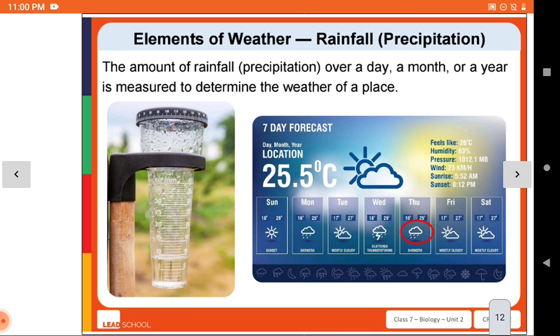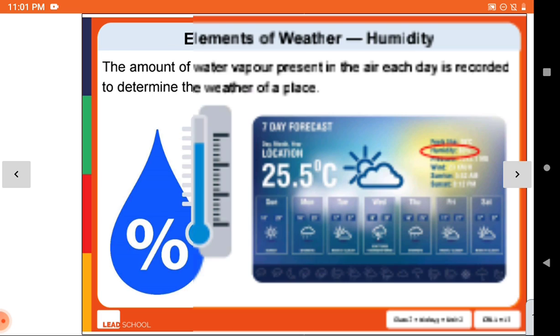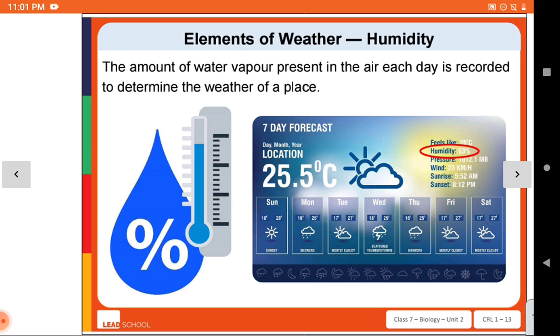The next element is rainfall. The amount of rainfall over a day, over a month, over a year is measured to determine the weather of a place. And the third one is humidity.